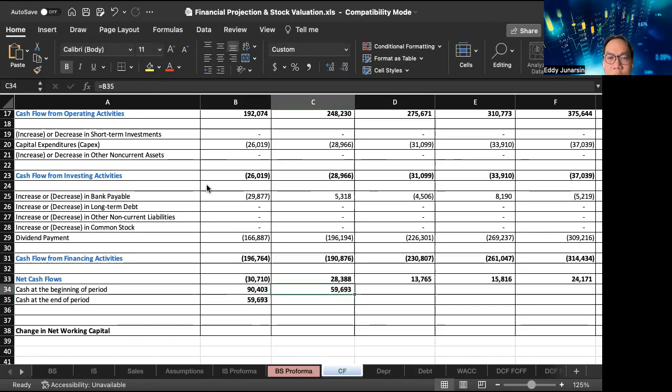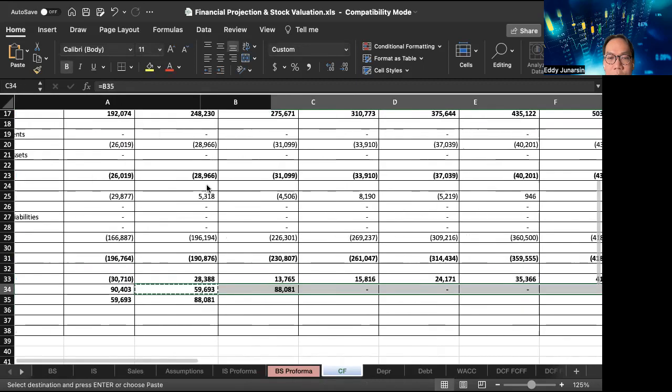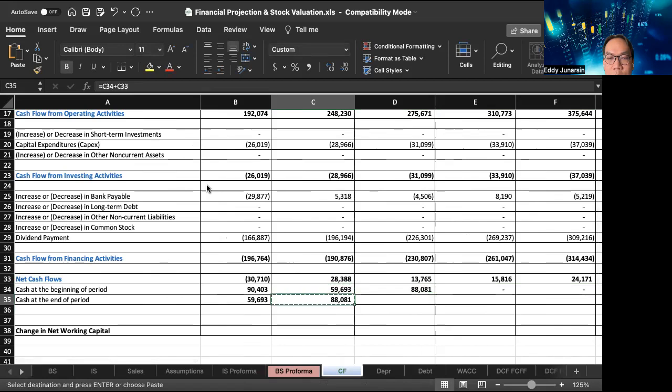Okay, and then yeah, we do the same thing here. Okay, what is the cash at the end of 2022? Yeah, it should be the cash at the beginning of period plus net cash flows during that year. Okay, so yeah, we just continue doing this, right, and continue doing this.